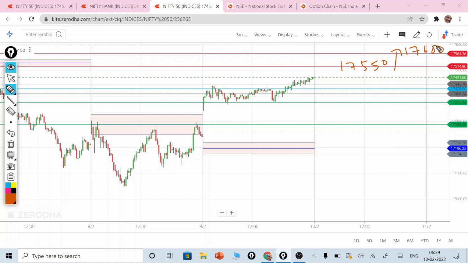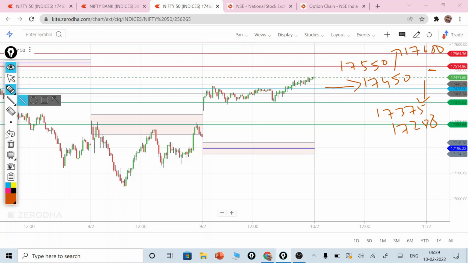Then if it opens flat, that is at 17,450 levels, and it does not sustain higher than 17,514, that is this, and goes below 17,445, you can sell for a target of, first target 17,375, and the second target 17,288.